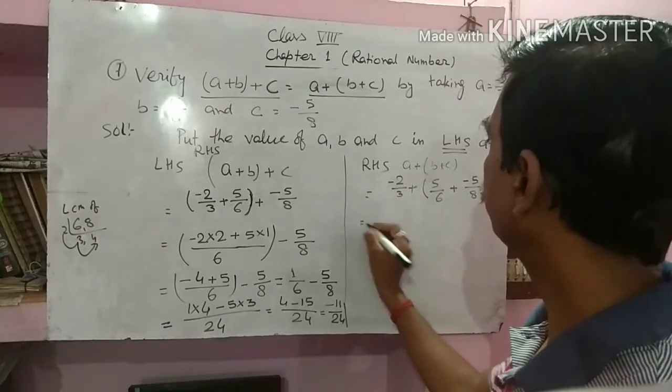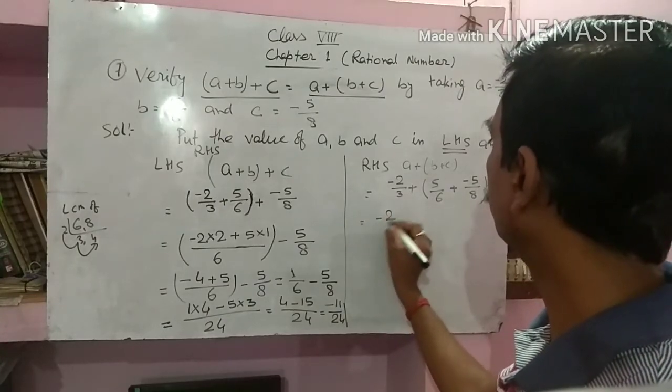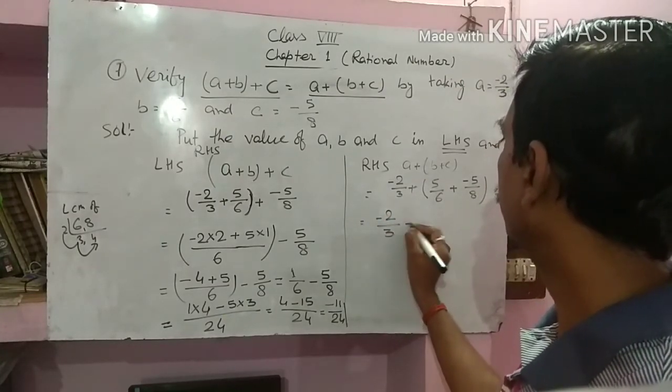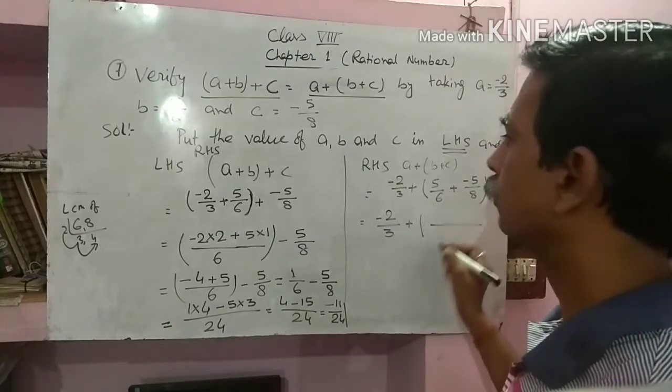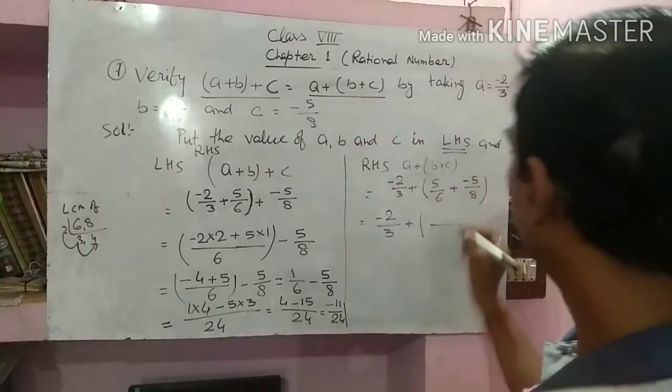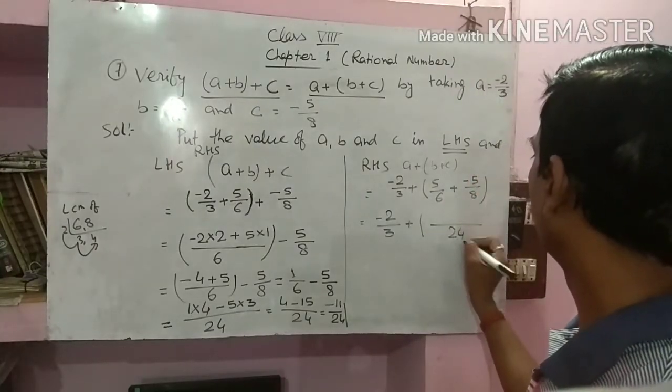So it becomes minus 2 by 3 plus, LCM of 6 and 8 we have seen, which is 24.